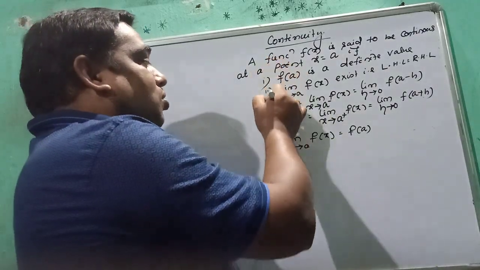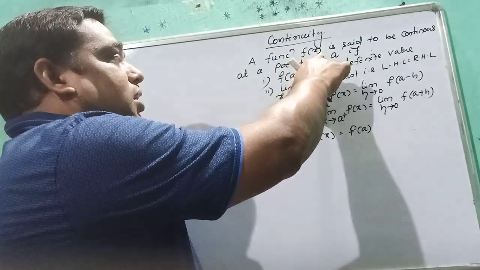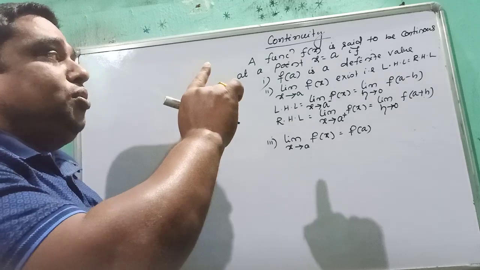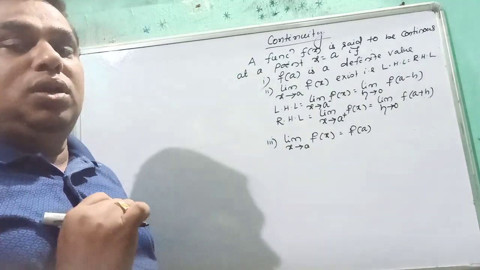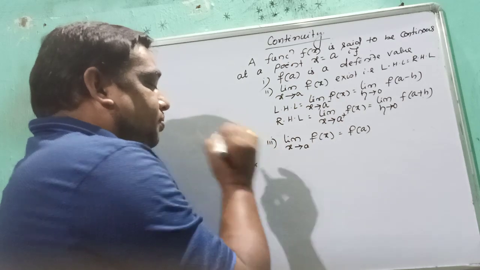If all three conditions are satisfied, then the function f(x) is said to be continuous at the point x equal to a. Let us go to an example.